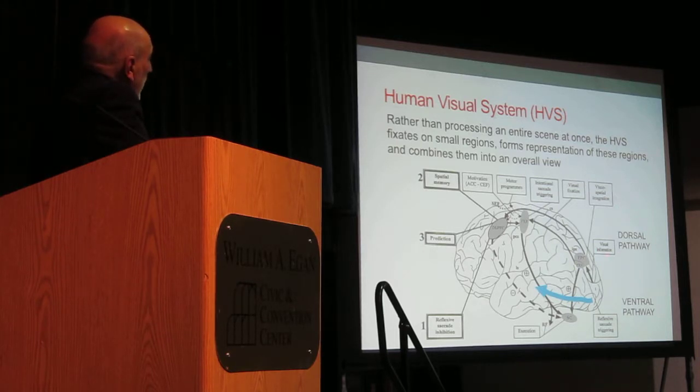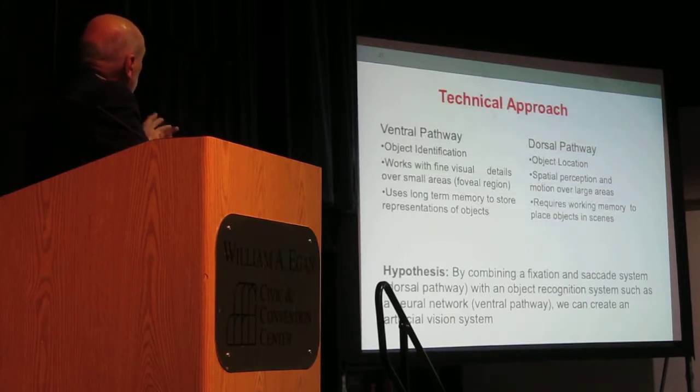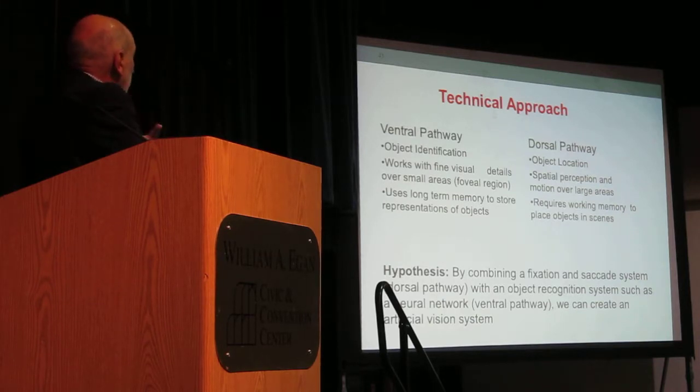And this dorsal path also tells you where things are in the visual field. And so the hypothesis is, by combining a fixation and saccade system with an object recognition system such as the PCN that I showed you, can we create a next-generation vision system?